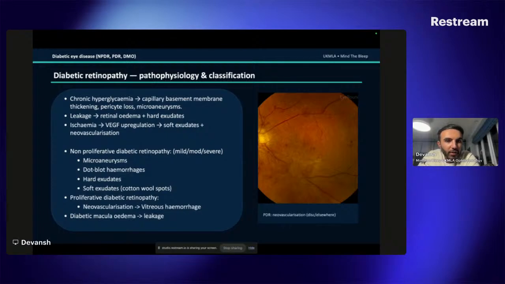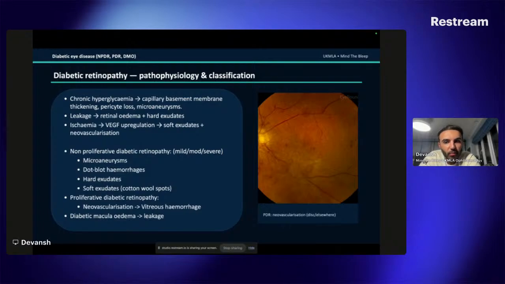So there are different ways to categorize diabetic retinopathy. We can broadly categorize into non-proliferative and proliferative. Non-proliferative diabetic retinopathy takes place prior to the formation of new blood vessels, that neovascularization that we were talking about. The key things that we would see on fundoscopy or on slit lamp examination when we're looking at the retina would be these microaneurysms.